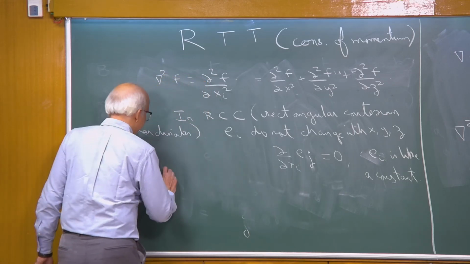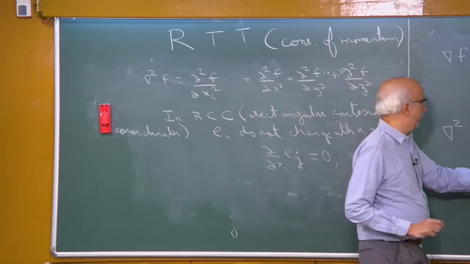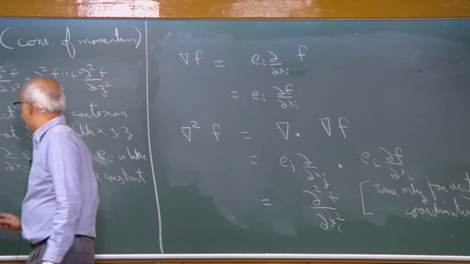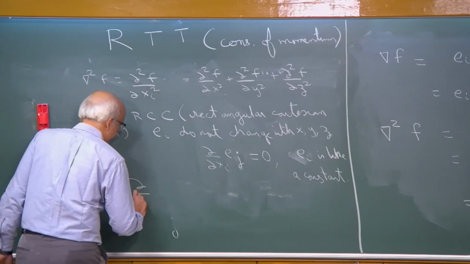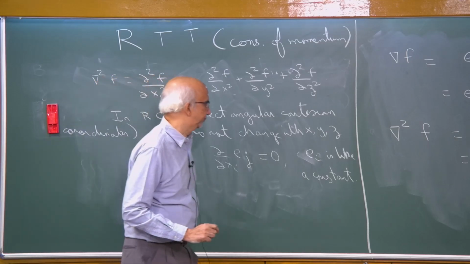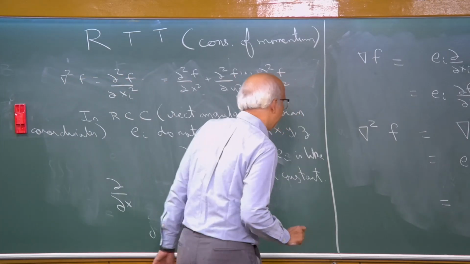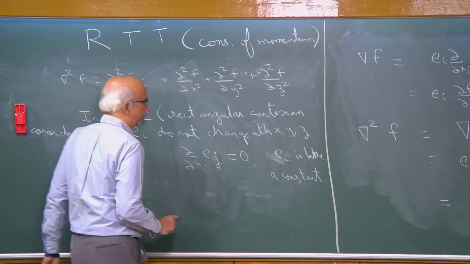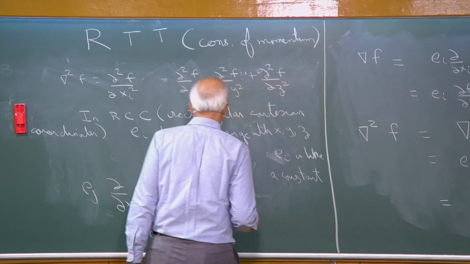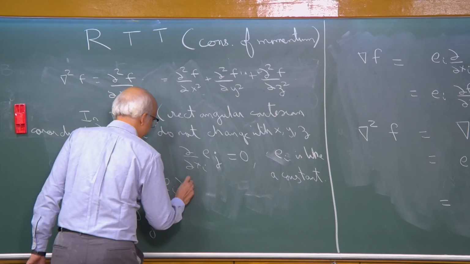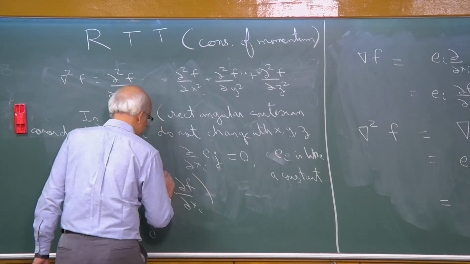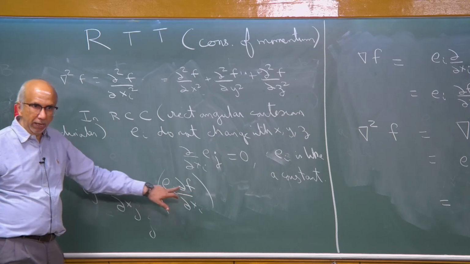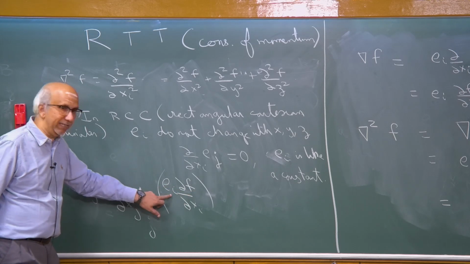So, when I look at this term, d by dxj of Ei df by dxi, the derivative of two things is here, and I will use the product rule. I am treating Ej as a constant, Ei as a constant, and I can take it out.